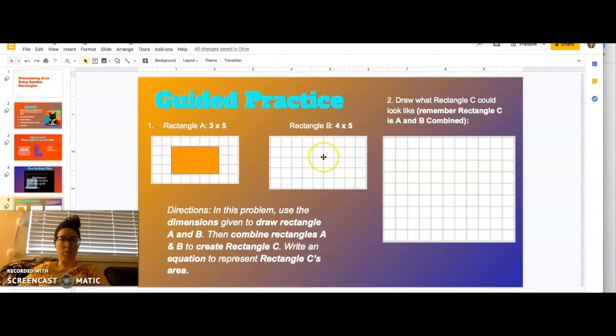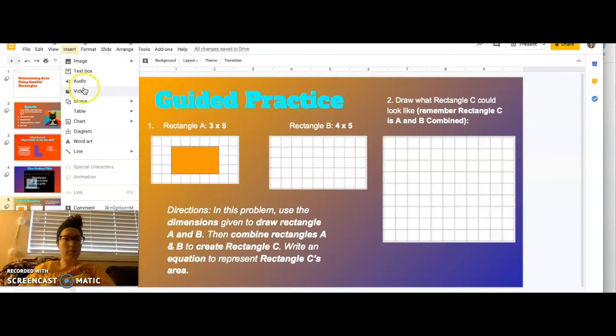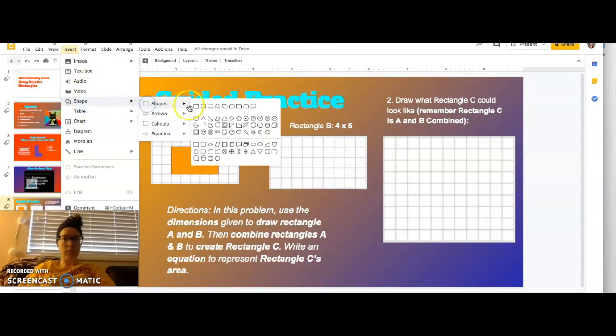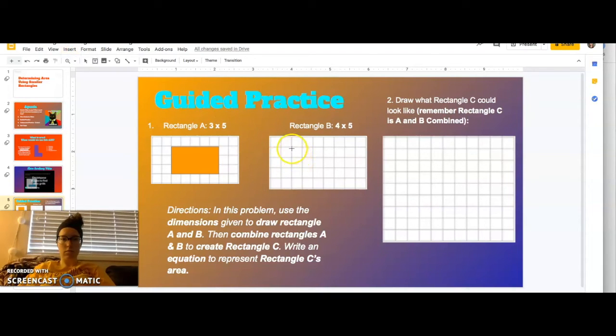Same thing for rectangle B, except this time my length going up and down is 4, and my width going across is 5. I'll start up here. 1, 2, 3, 4 down my length, and 1, 2, 3, 4, 5 across for my width.